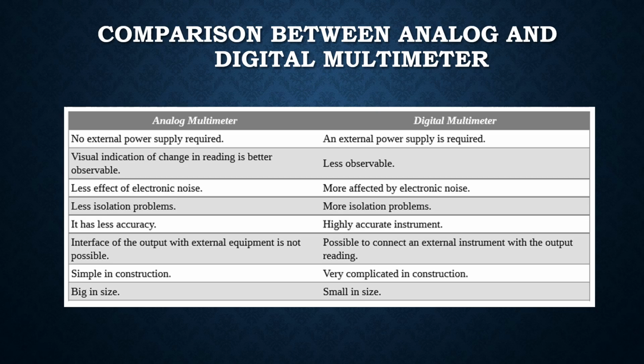Interface of the output with external equipment is not possible in analog. Connecting an external instrument with the output reading is possible with the digital multimeter, as you can see the analog to digital converter we have connected here. Next, analog is simple in construction, while digital is very complicated in construction. Analog size is high, and digital multimeter size is less.